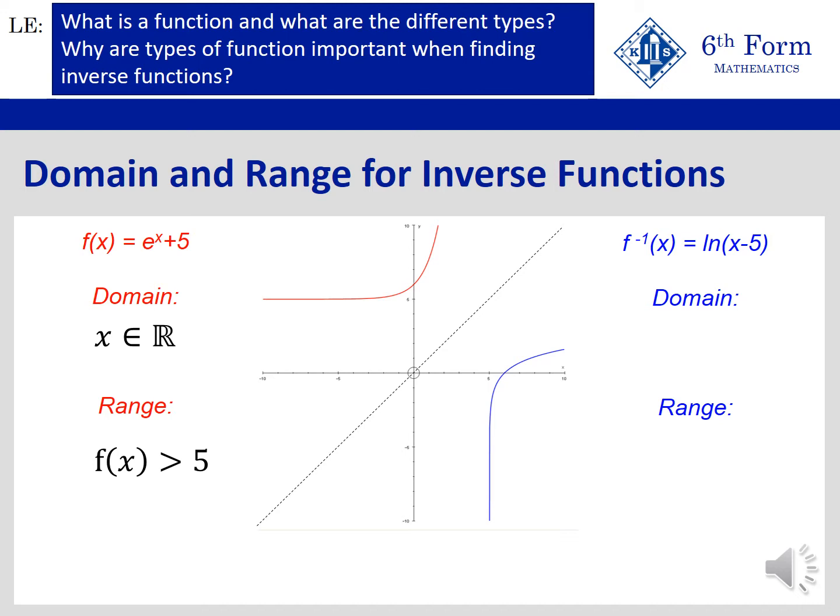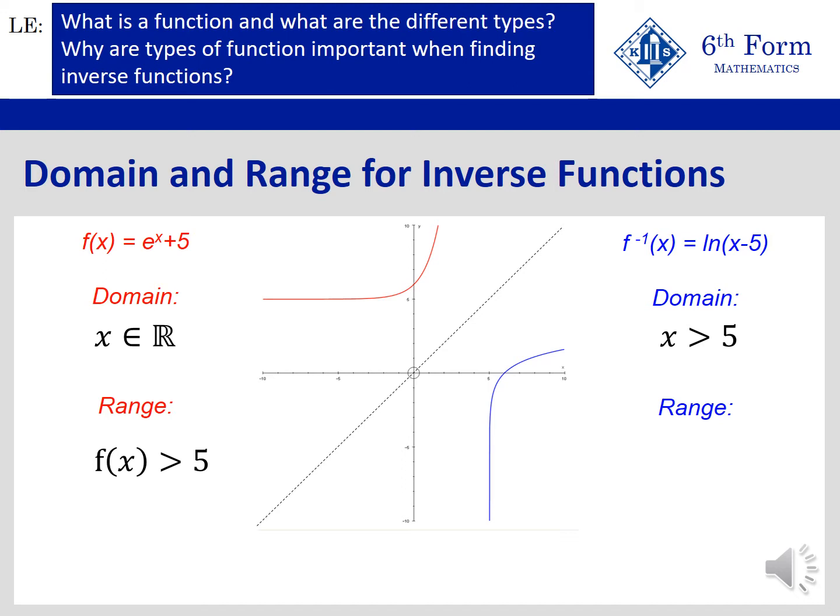And the interesting thing is, if we're considering this mirror image and this idea of x's and y's swapping over, if we consider the inverse function, the domain of the inverse function matches up to the range of the function itself. So because the function had to be greater than 5, the domain of the inverse function x has to be greater than 5. And you can see that on the graph.